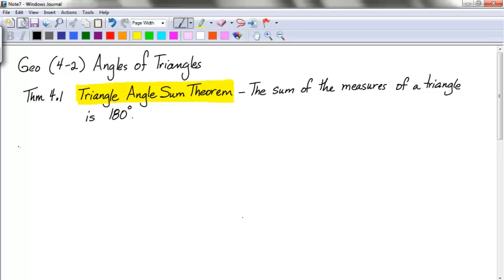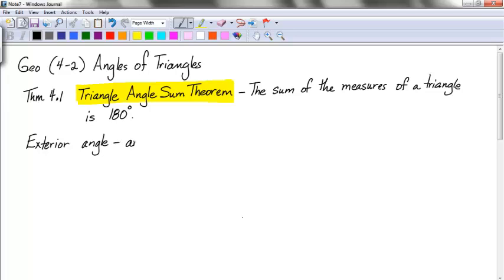Then the next thing the author goes through is the definition of an exterior angle. When he's looking at an exterior angle, he's looking at an exterior angle of a triangle.